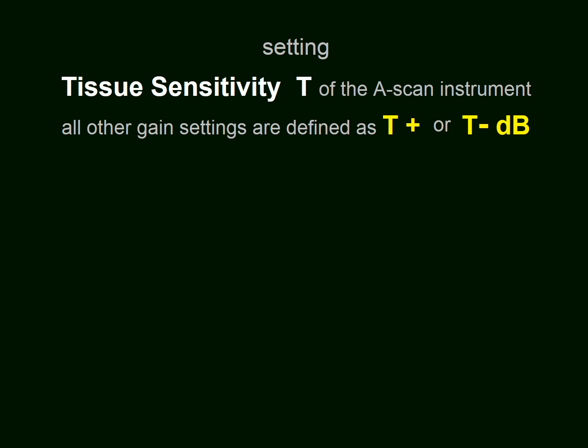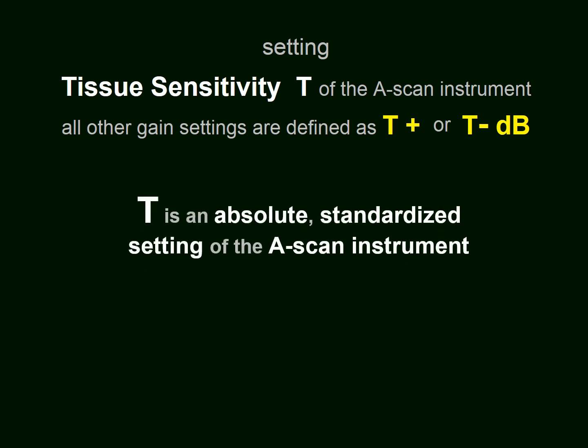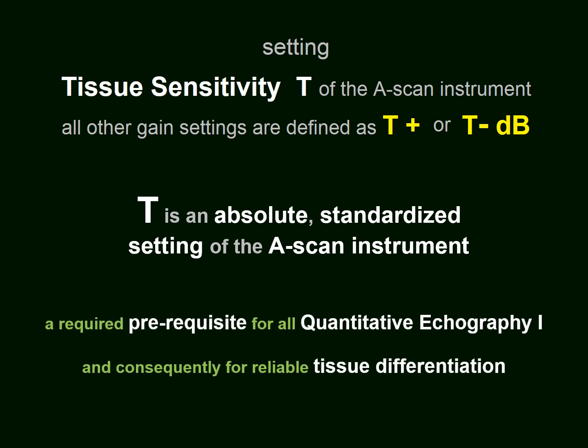Setting tissue sensitivity T of the standardized A-scan instrument means an absolute standardized setting. It is a required prerequisite for all quantitative evaluations and consequently for reliable tissue differentiation.